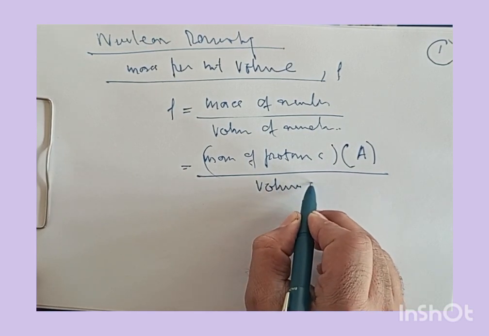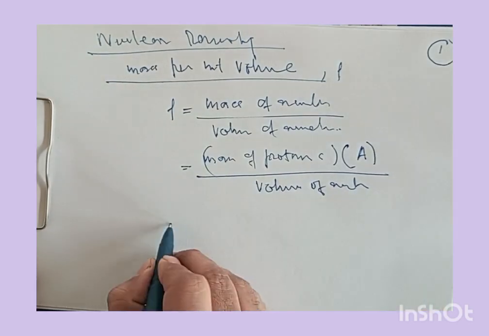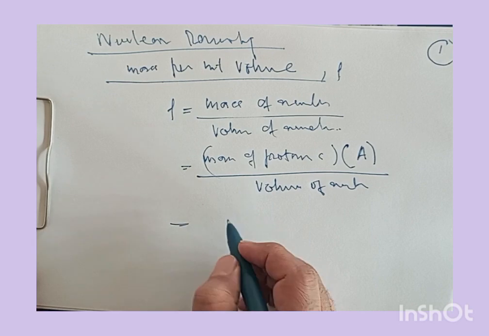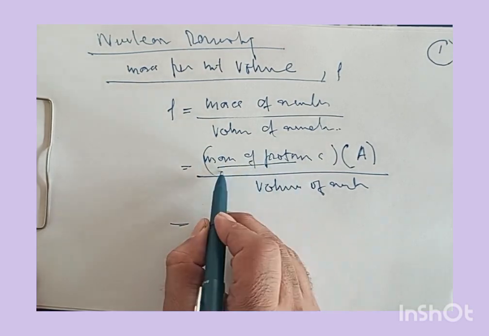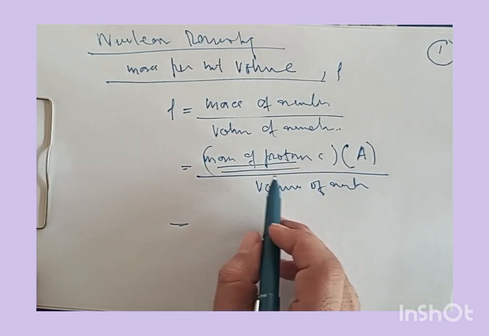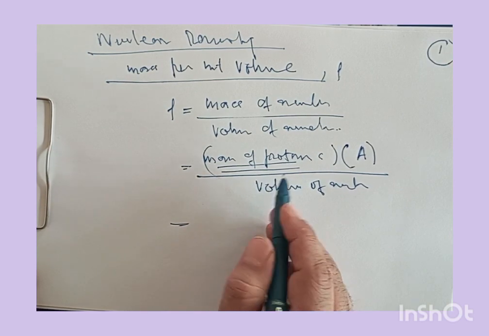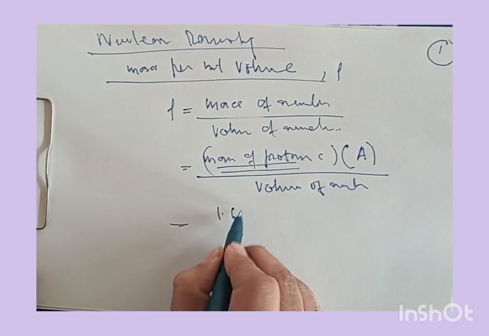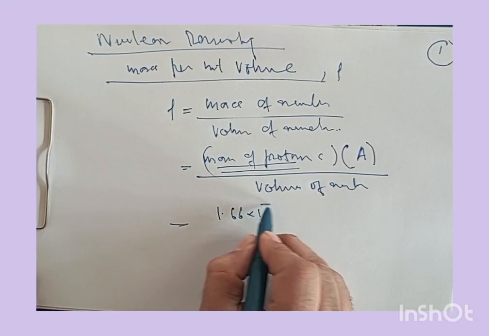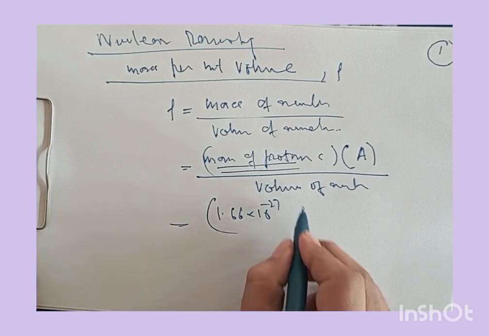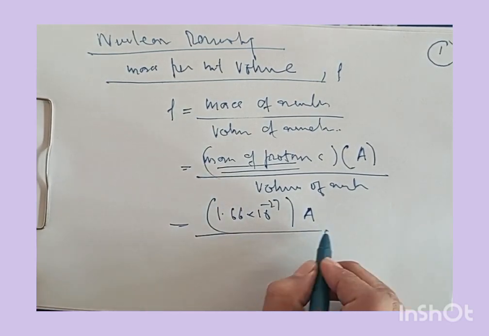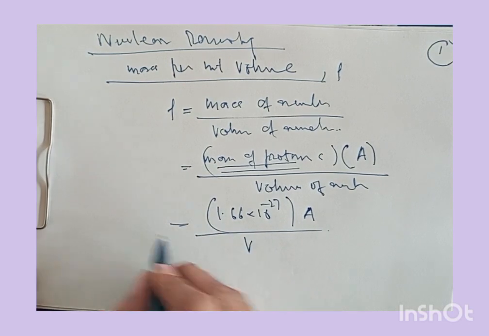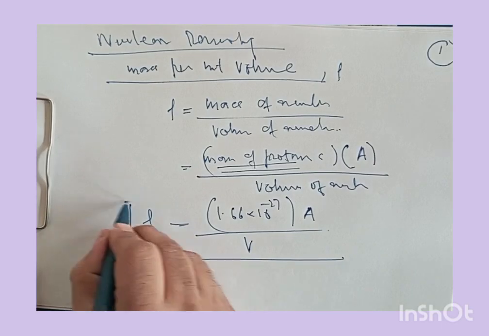We would like to take the mass of a neutron or proton in terms of atomic mass units, because that's close, for the sake of simplicity. So it will be 1.66 times 10 to the power of minus 27 times the mass number, divided by the volume of the nucleus. So this is the density.